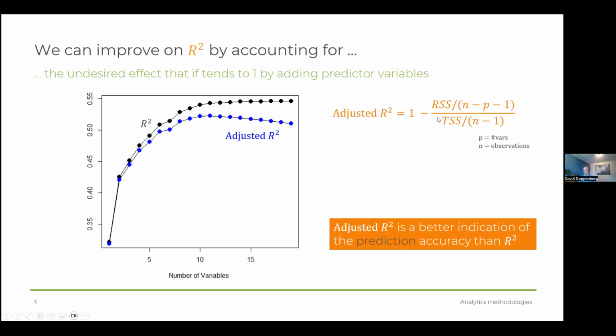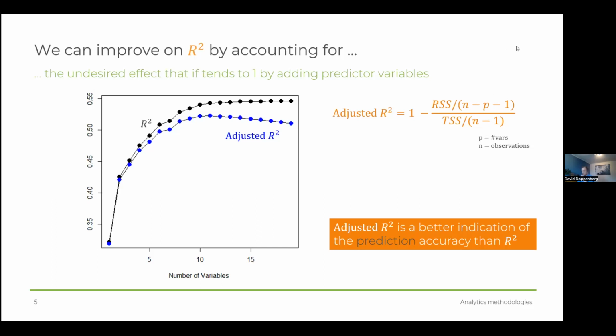I won't dive into detail how you can derive this formula, but you can see here this P that we have denotes the complexity of our model, so the number of variables. So if I just have one input variable, P is 1. If I have 10, then P is 10. And be aware that you can never have more. That's not really completely true.